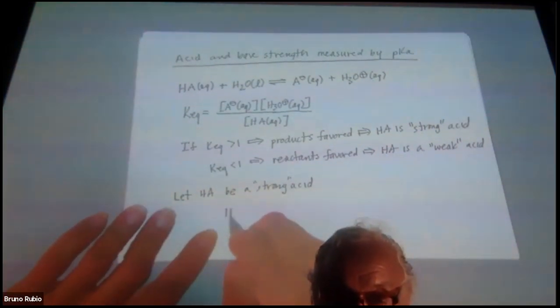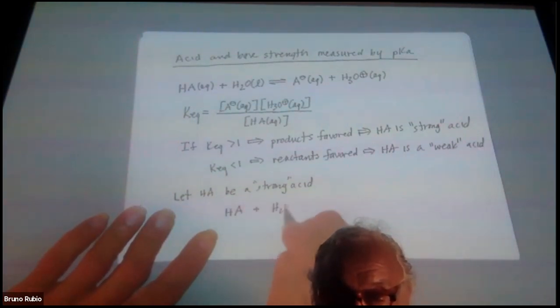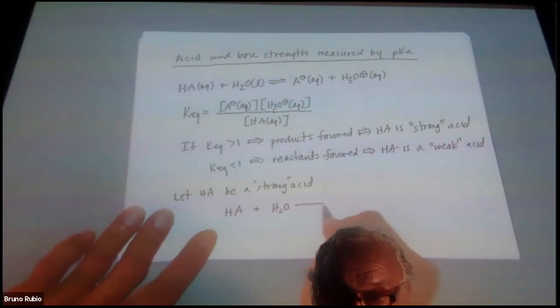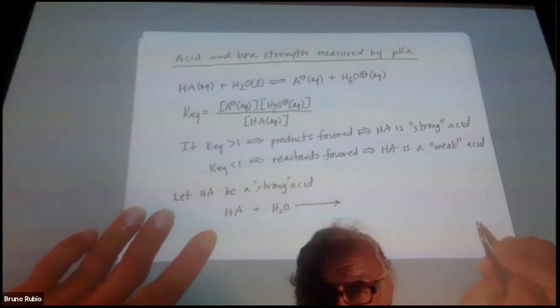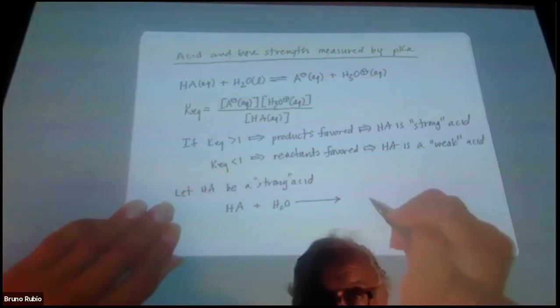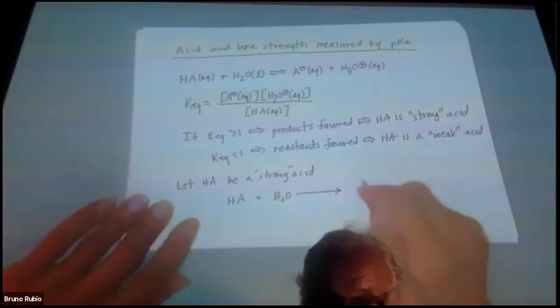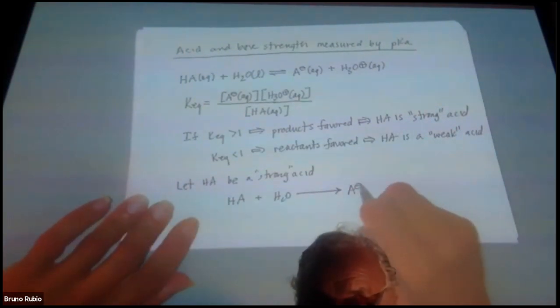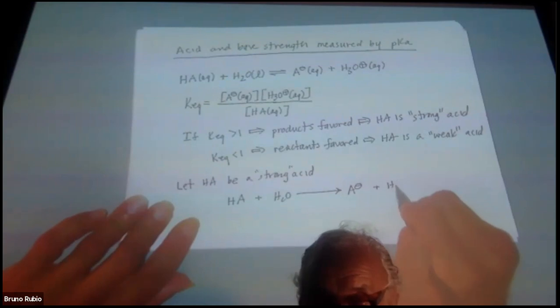We could write something like HA plus water. And now I'm going to put a big, humongous arrow pointing in the direction of the products to show that products are favored. So we'll get A minus plus H3O plus.